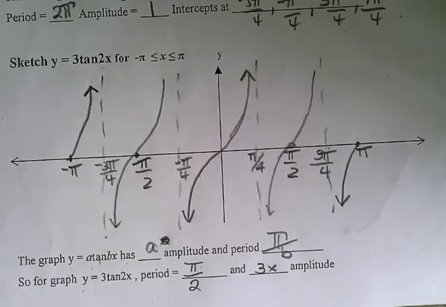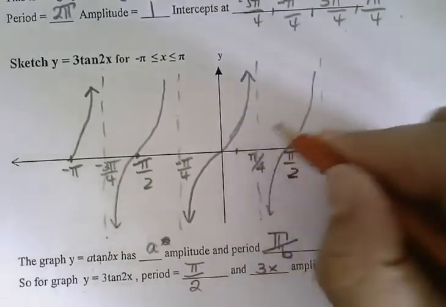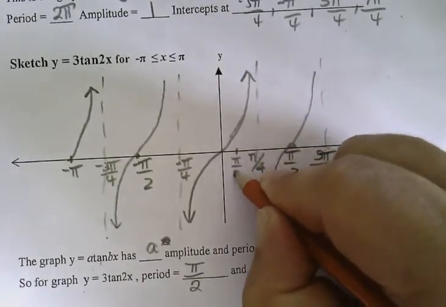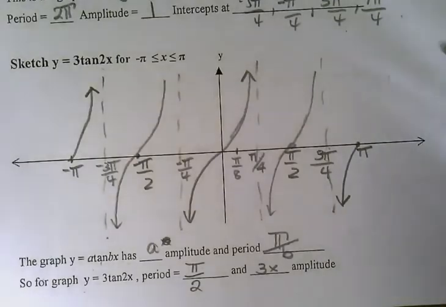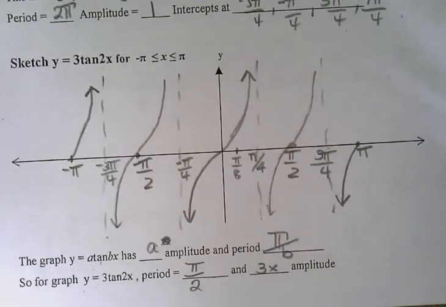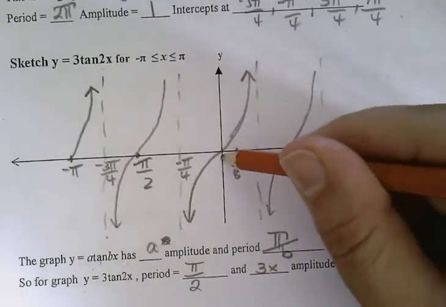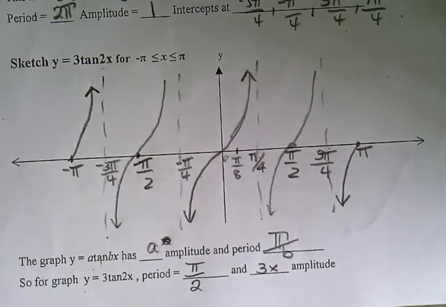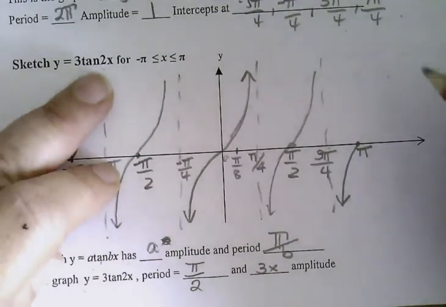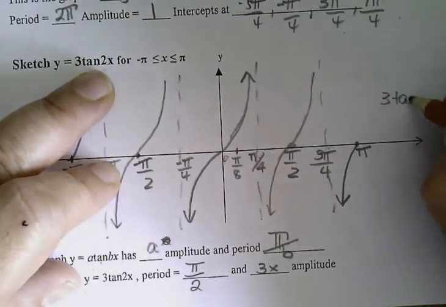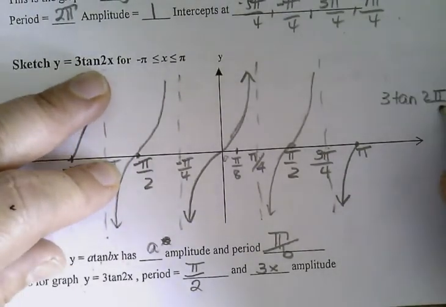All I've got to do is substitute a nice little value. A nice value would be something like, let's try pi on 8. Do you know why I'm choosing pi on 8? Because there's 0, there's pi on 4, which is a quarter, and halfway is an eighth. What is 3 times tan of 2 times pi on 8?